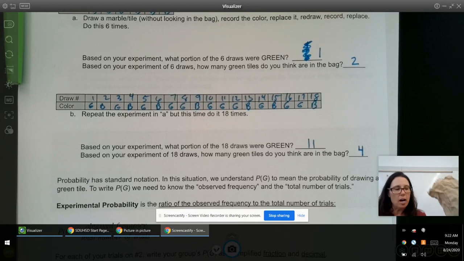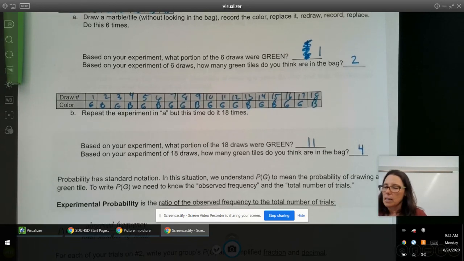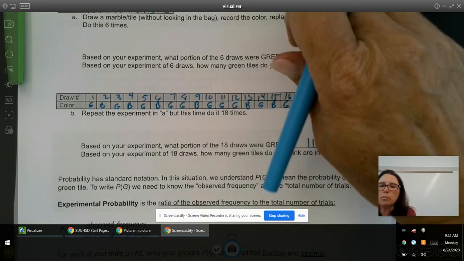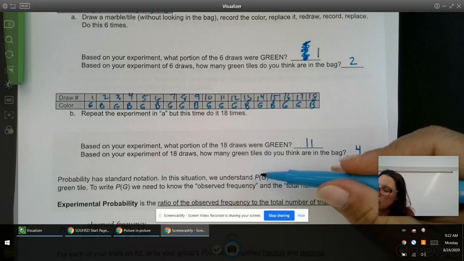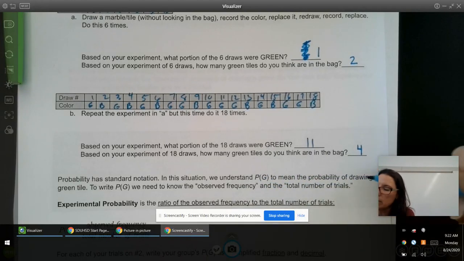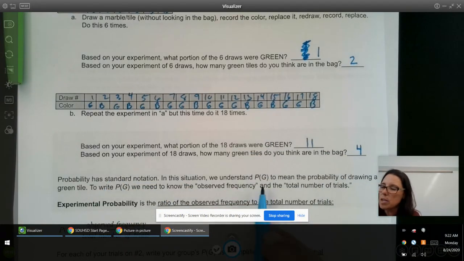I'm going to just set my bag off to the side here. Probability has standard notation. In this situation, P of G means the probability of drawing a green tile. So this is a certain kind of notation.